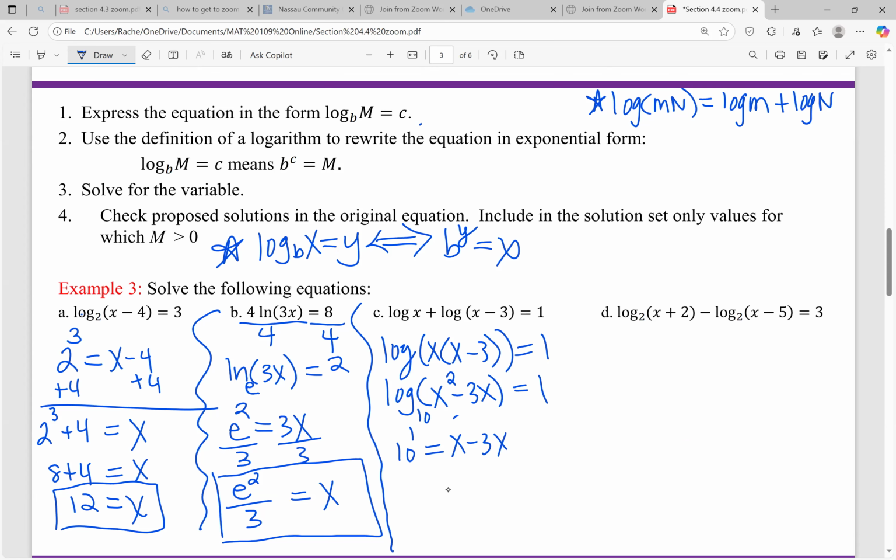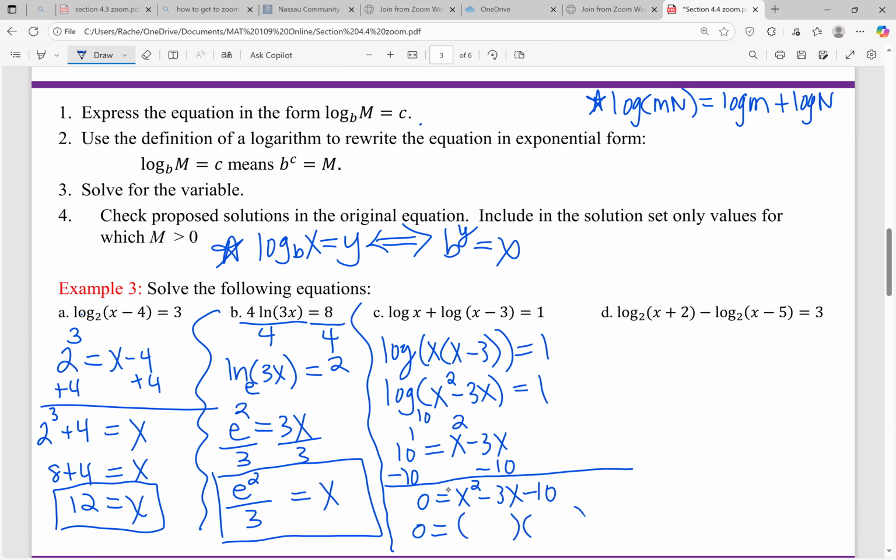And you should recognize this type of equation. This is quadratic, right? And the way we solve a quadratic is set it equal to 0 and see if you could factor it. Otherwise, we would have to use the quadratic formula. So let's subtract 10. And we're going to get 0 equals x squared minus 3x minus 10. Are there 2 numbers that multiply to negative 10 and add to negative 3?